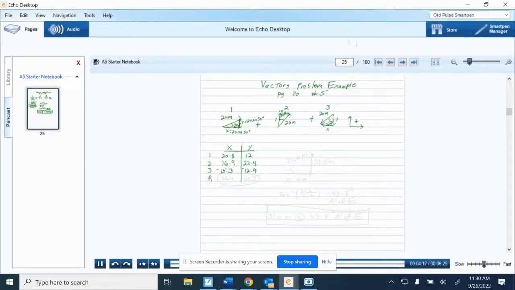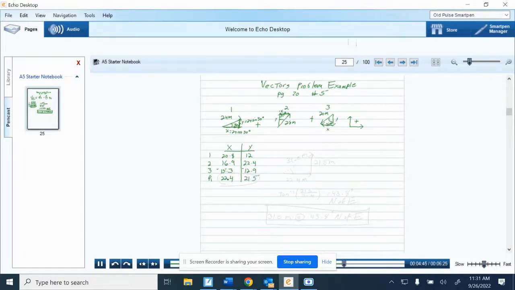Now we sum up all the x's. So 20.8 plus 16.9 plus negative 15.3 is 22.4. And we have 12 plus 22.4 plus negative 12.9. We get 21.5.